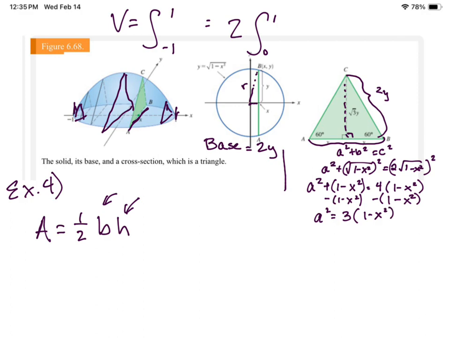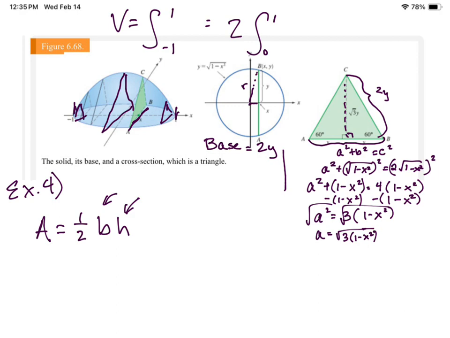So a is equal to the square root of 3 times (1 minus x squared). What piece of information is that? Why do we do all of this? That's the height of the rectangle. Do y'all recognize this square root of 1 minus x squared business?